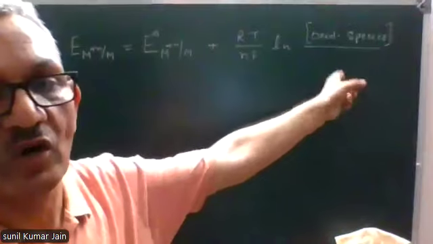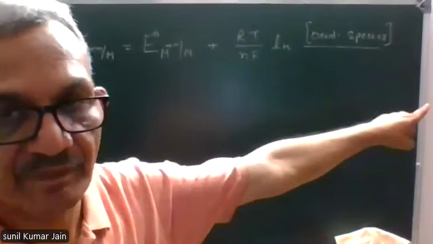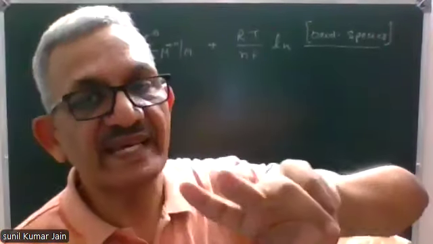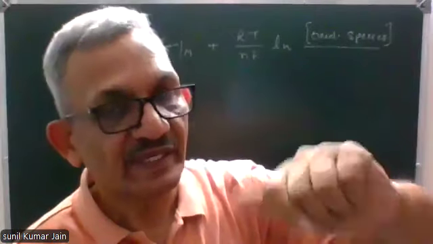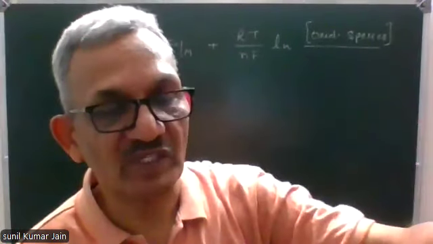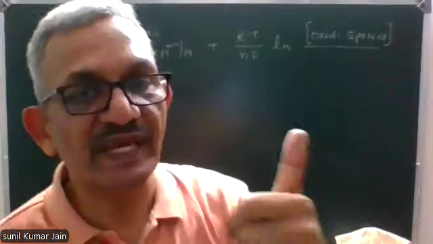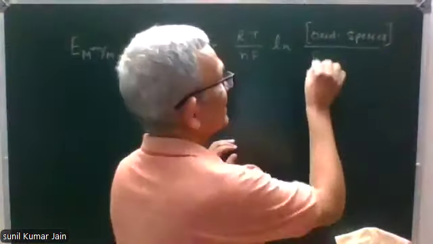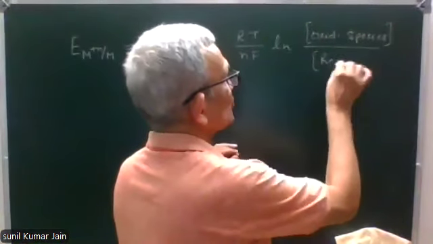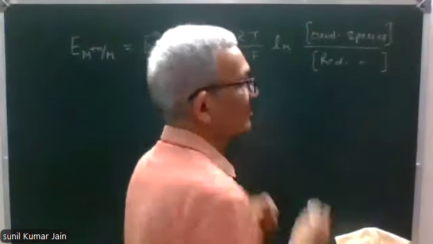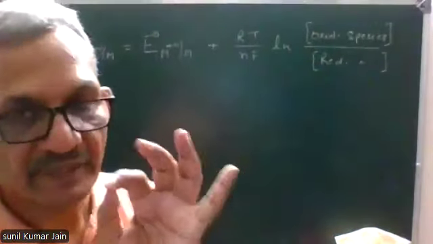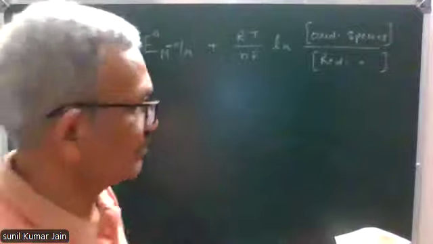Concentration of ions of the oxidized species. It means if I say Fe^2+ oblique Fe, the oxidized form will be Fe^2+ and the reduced form will be Fe. So divided by the concentration of the reduced species. But I'll take one more example.